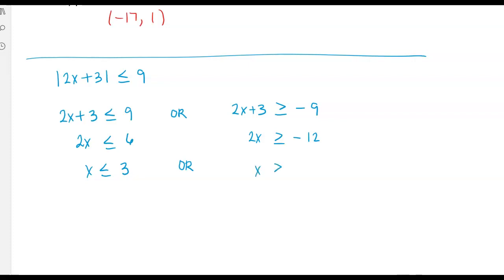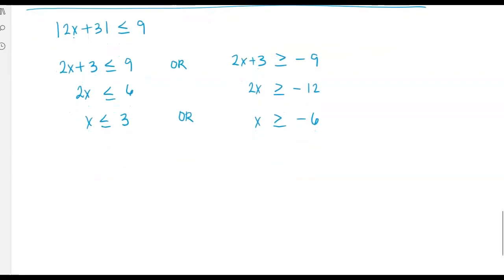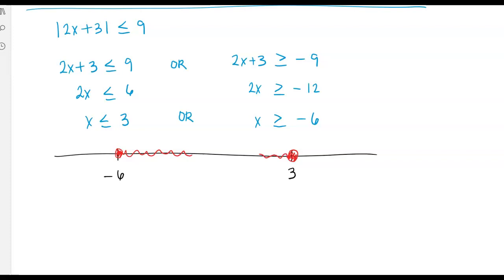And x is greater than or equal to negative 6. Putting that together on a graph, we're getting values that are greater than or equal to negative 6 and less than or equal to 3.